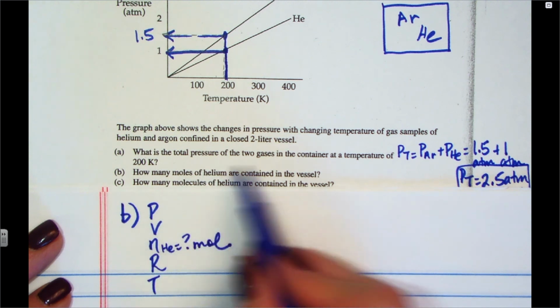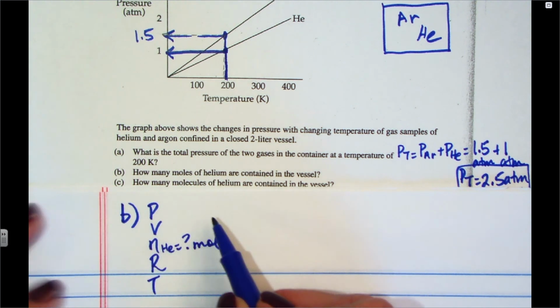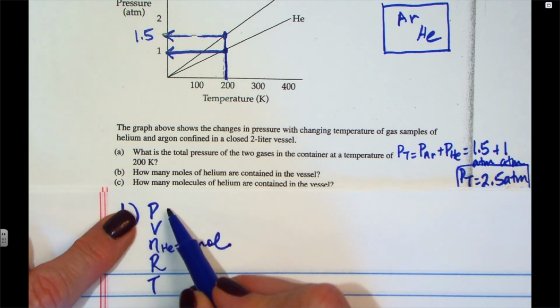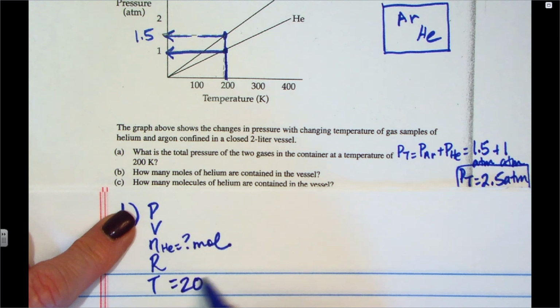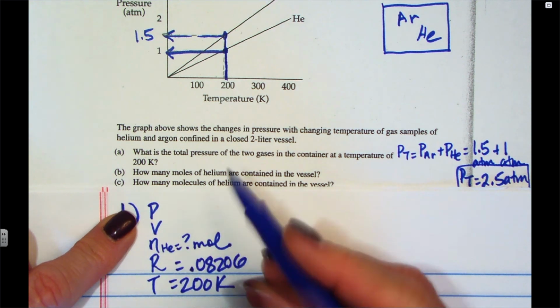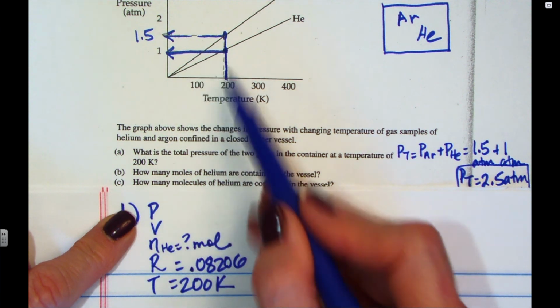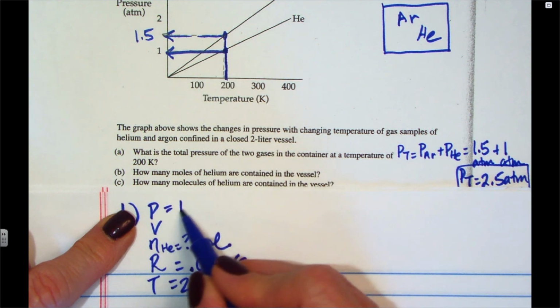And going back to what they've told us so far, the pressure for this particular, and again, we're at 200 Kelvin is the temperature in question. We know our R, 0.08206. And so we said for the helium that will be about 1 atmosphere.